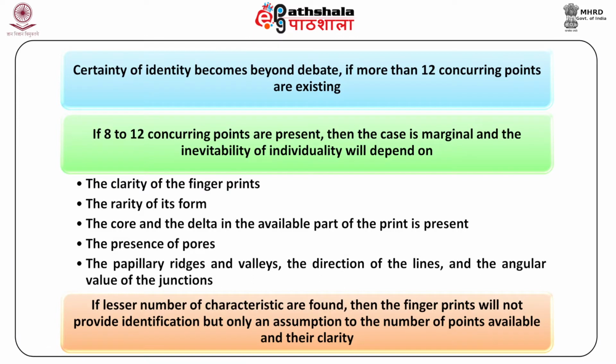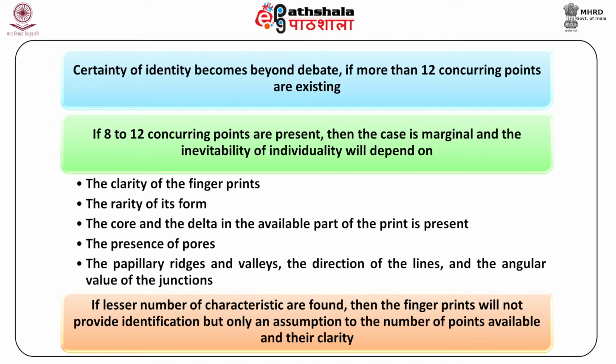If 8 to 12 concurring points are present, then the case is marginal and the inevitability of individuality will depend on the clarity of the fingerprint, the rarity of its form, whether the core and delta are present in the available part of the print, the presence of pores, which is also called poroscopy, the papillary ridges and the valleys, the direction of lines and the angular value of the junctions, that is edgeoscopy.